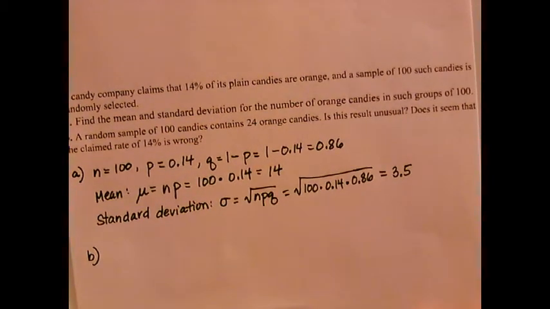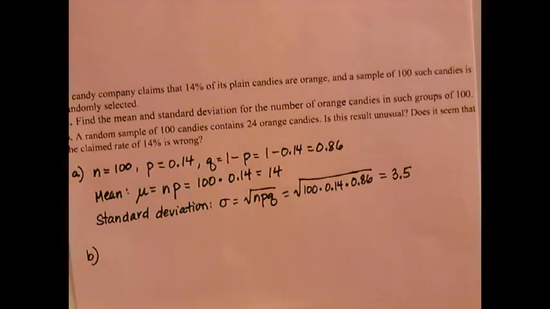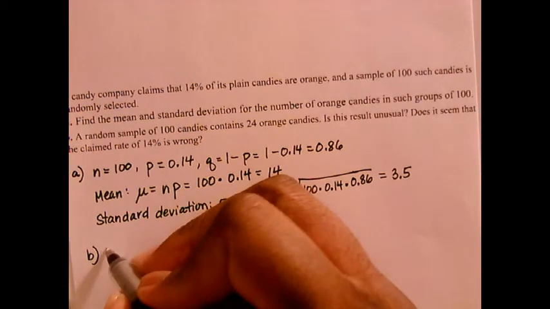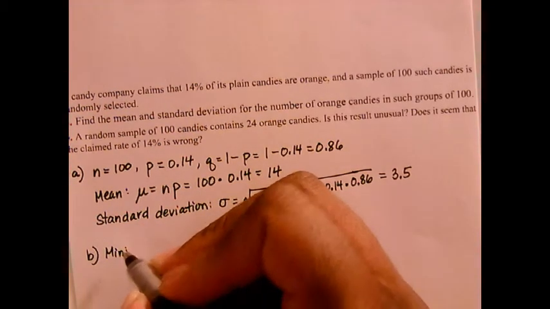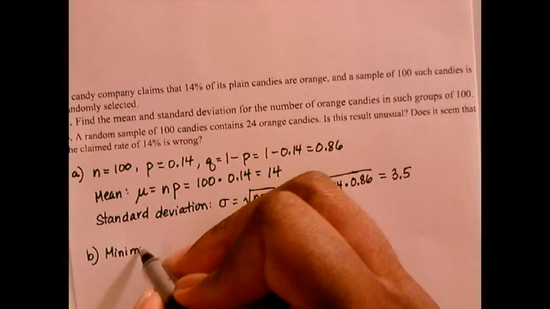Part B is this. A random sample of 100 candies contains 24 orange candies. Is this result unusual? And does it seem that the claimed rate of 14% is wrong? Okay, let's get the minimum and the maximum usual value.